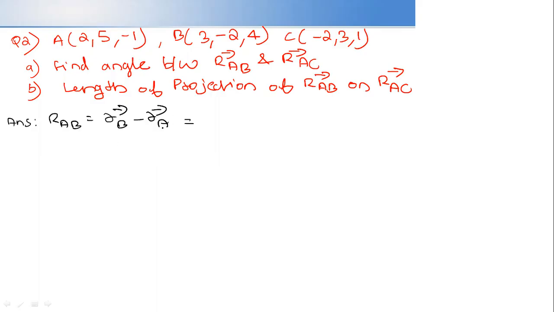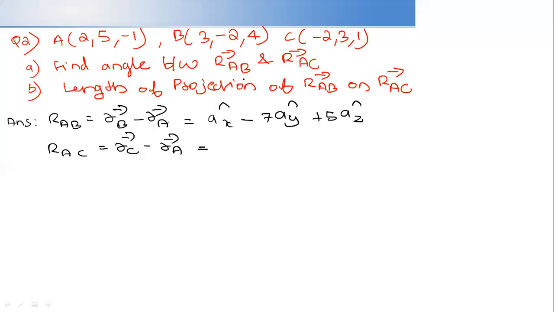So what will be RB minus RA? 3 minus 2, minus 2 minus 5, 4 minus minus 5. So it will be 1 ax minus 7 ay plus 5 az; you can actually pause the video and do the problems on your own. And then what is RAC? RAC will be equal to RC minus RA, the same way: minus 2 minus 2, that is minus 4 ax, minus 2 ay plus 2 az.